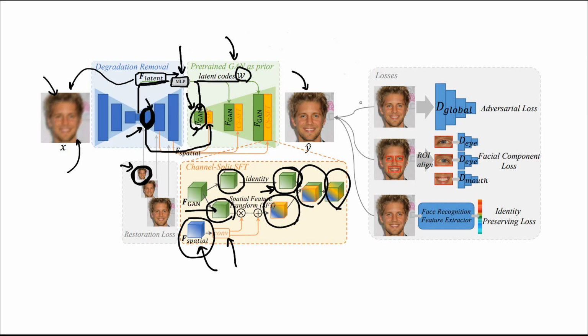So how can we train them? We have many loss functions here. Firstly, let's say that this is the prediction from our StyleGAN. Here we have many discriminator networks. Okay, we have this discriminator global.